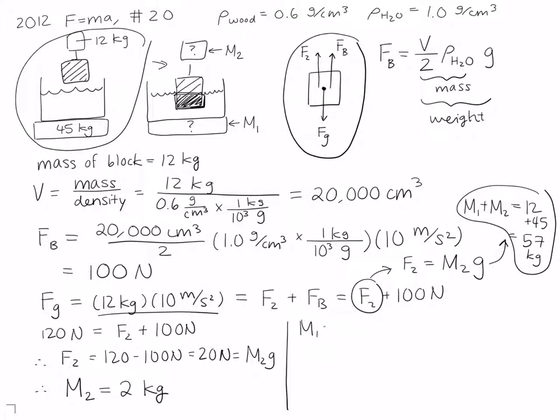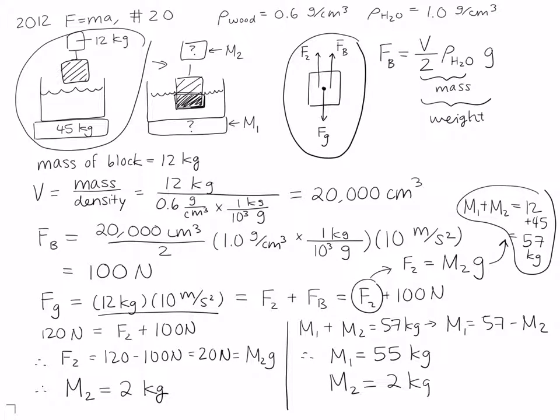Since M2 is equal to 2 kilograms, and M1 plus M2 equals 57 kilograms, M1 is 57 minus M2, or 57 minus 2 kilograms, so it is 55 kilograms, while M2, like before, is 2 kilograms.